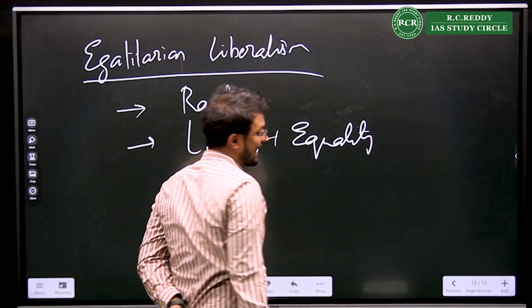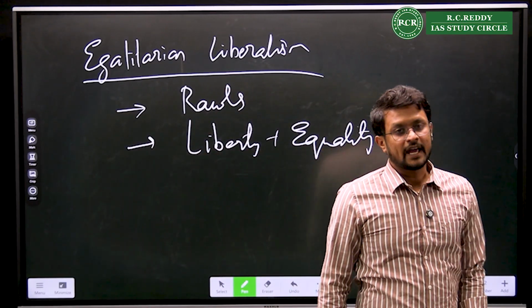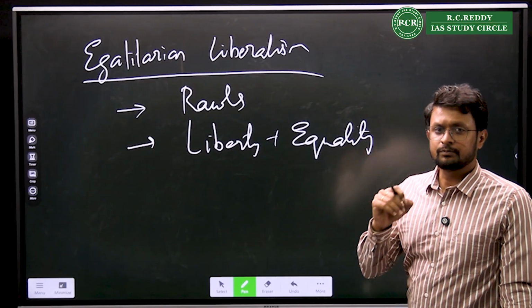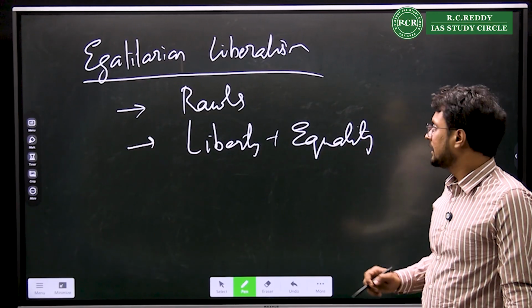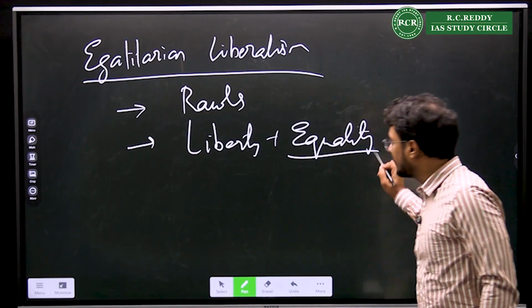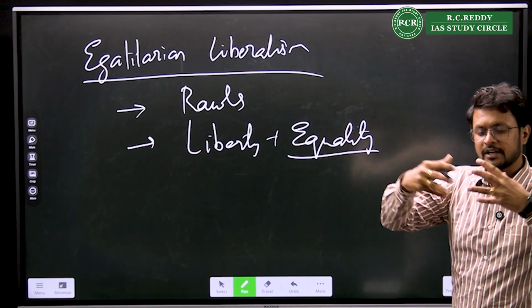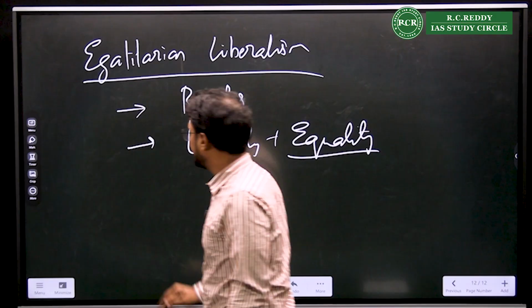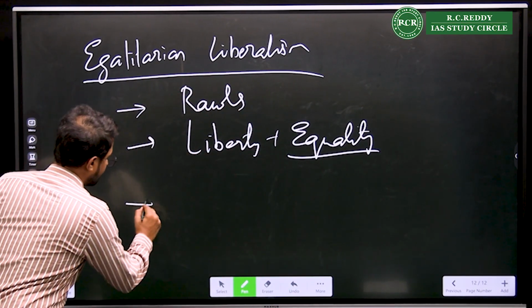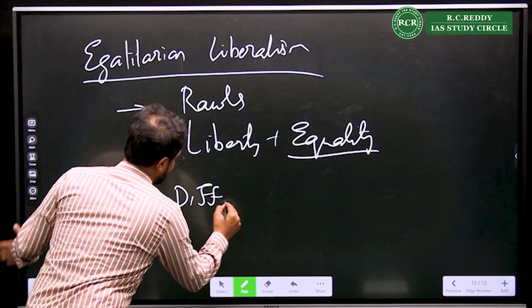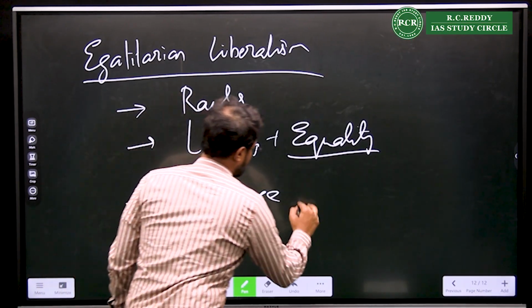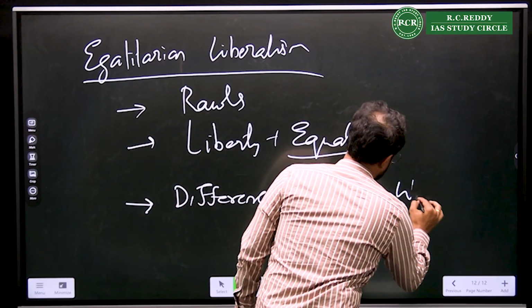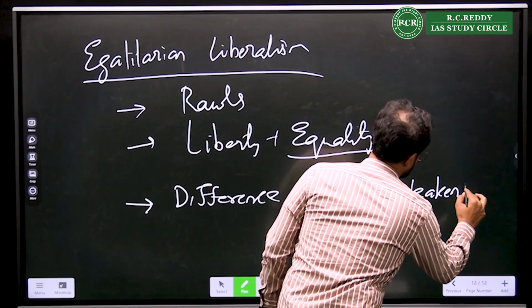Because the concept came in the 1970s, when movements like the 1960s and 70s civil rights movements or the postmodern movements were happening, the concept of equality also became very important, and an amalgamation between liberty and equality was needed. And hence came Rawls' theory of egalitarian liberalism, which focuses on the difference principle, or strengthening of the weakest link.